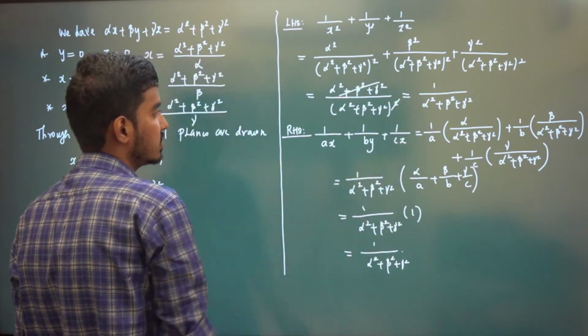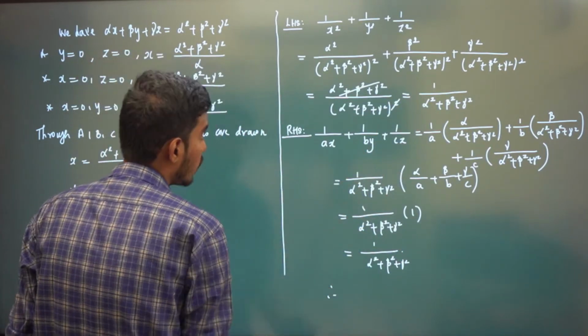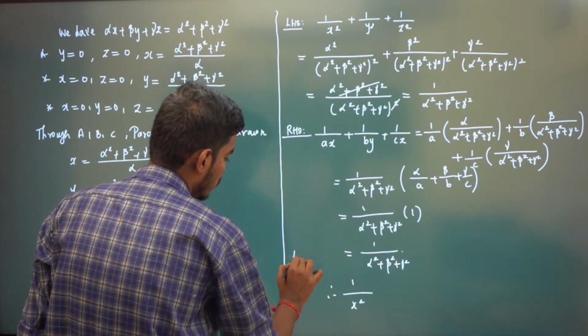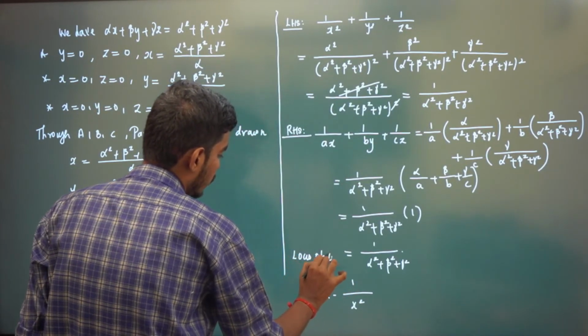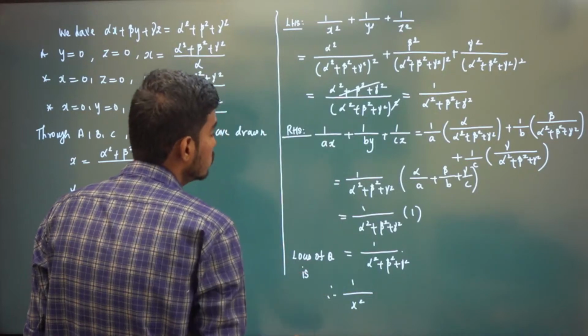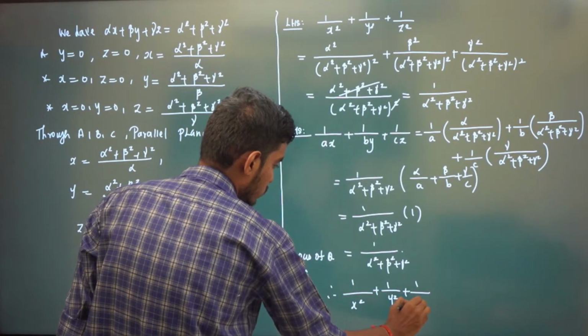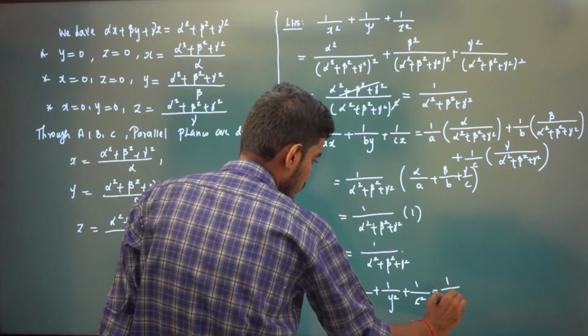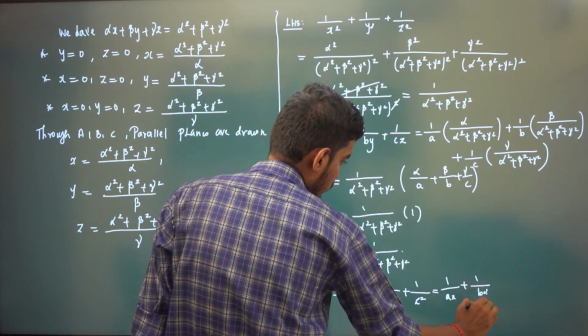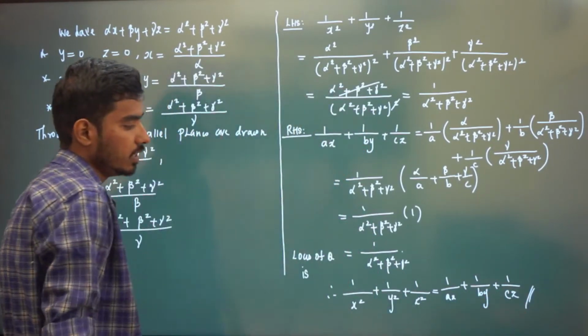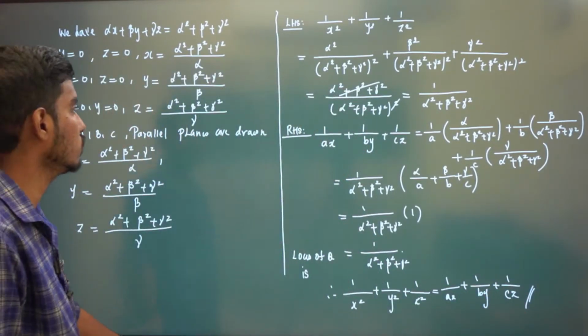So we can see both are same. Therefore, the locus of the point Q is this, the required locus we need to find, right?